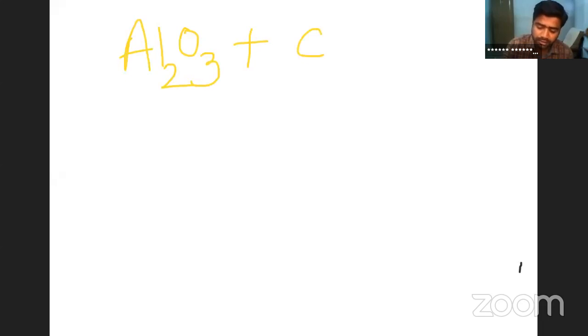How is the overall reaction carried out in this process? We take the main Al2O3, alumina, which combines with carbon, and gives aluminium and carbon dioxide.